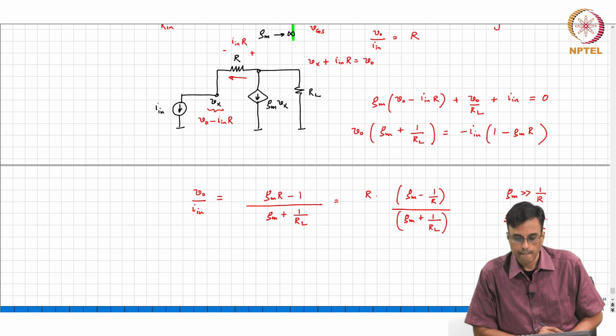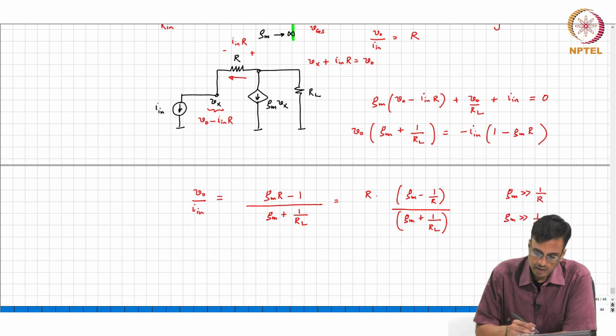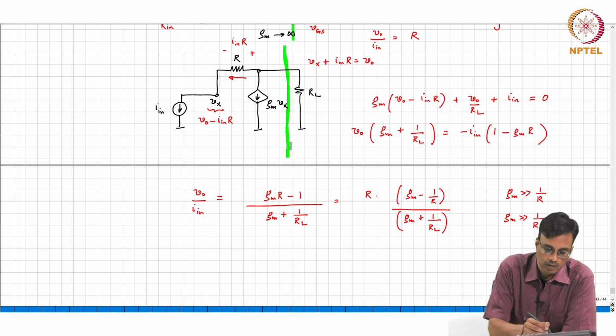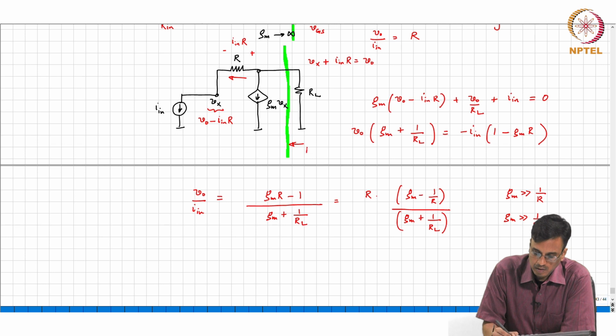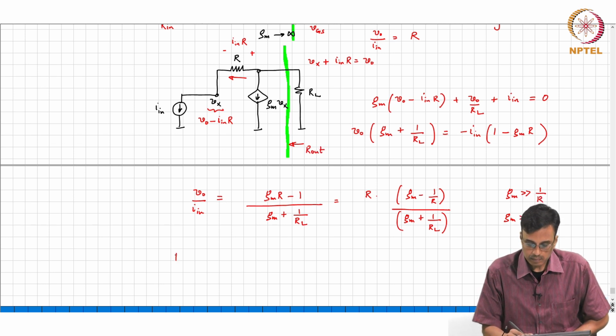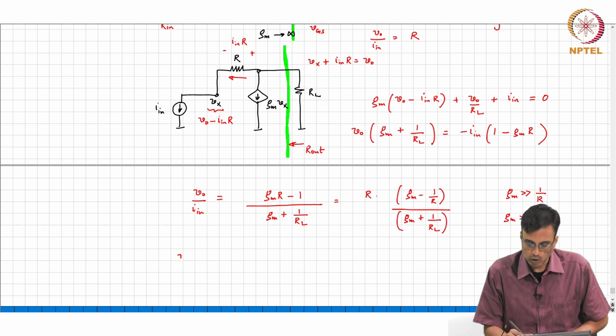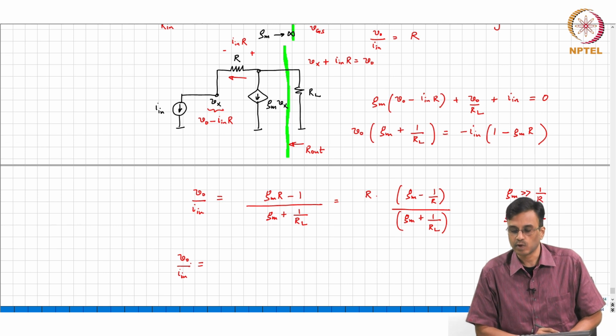All right. So, what comment can you make about the output resistance? Looking in here, what is the output resistance? How will we figure that out? One way of doing it is to simply write the expression for Vo by In when RL tends to infinity. When RL tends to infinity, what is it?